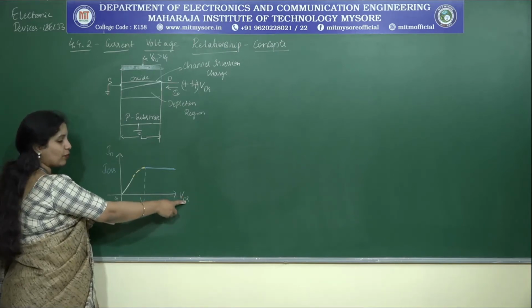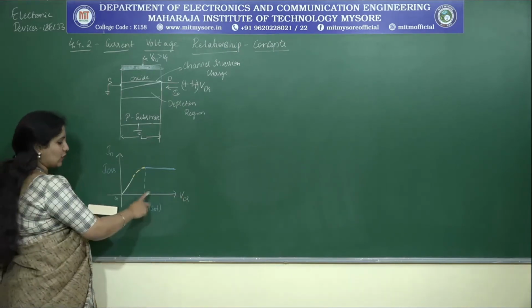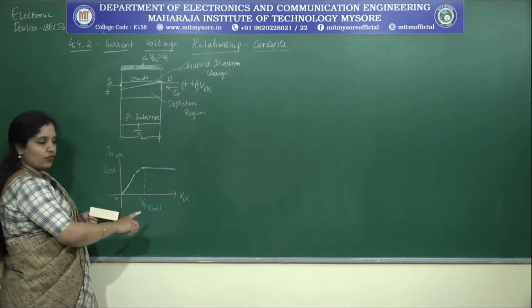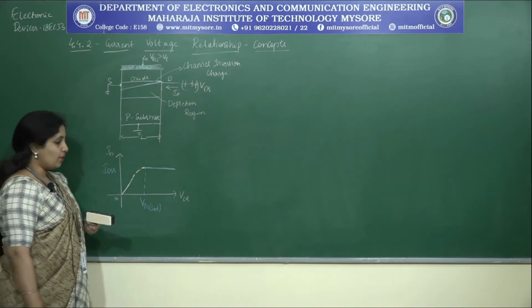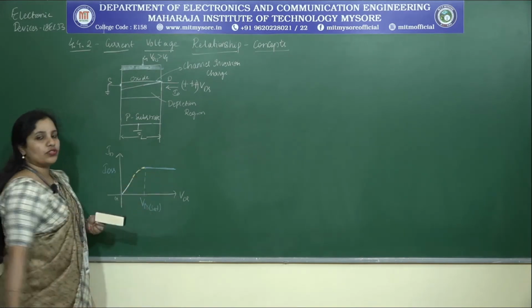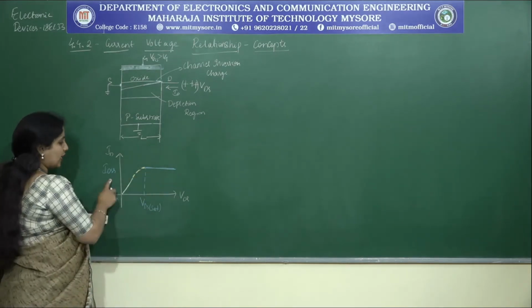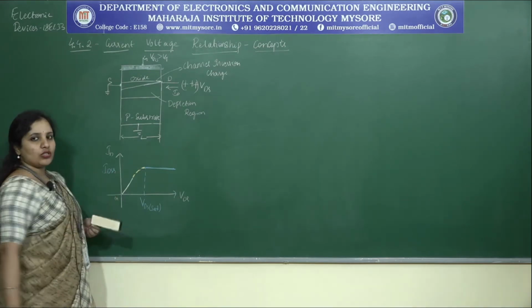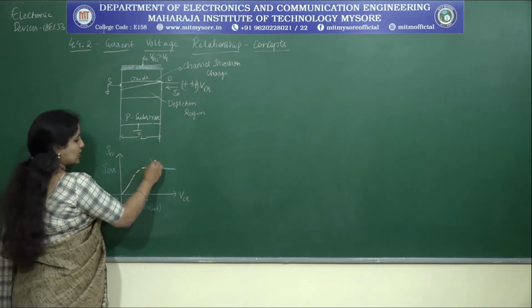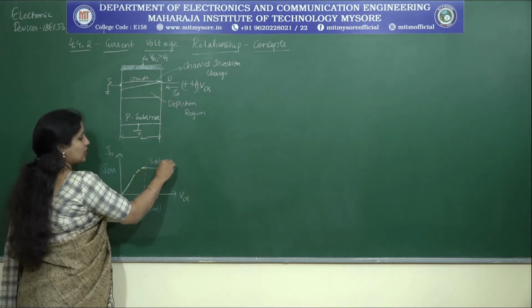After this voltage, for any value of drain to source voltage I provide, what happens to the drain current? It remains constant, and it is independent of the drain to source voltage, and that current is referred to as the drain to source saturation current. And therefore, what is this region referred to as?